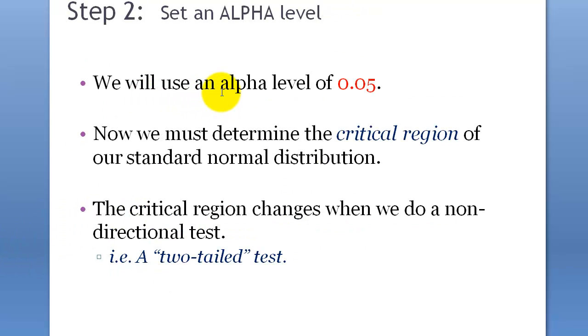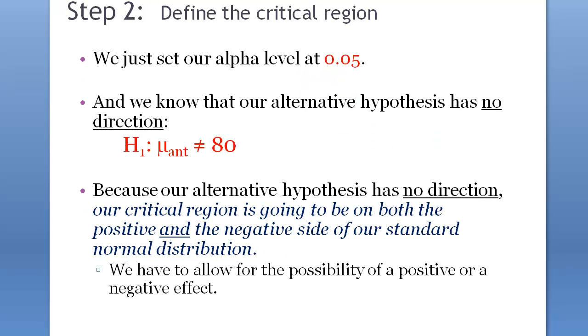We're still going to use an alpha level of 0.05. An alpha level of 0.05 in this case means the combined area of alpha in the critical region is going to be 0.05. So forget about the directional, it doesn't really have anything to do with it. We're just going to use 0.05 for the alpha level. That's the main purpose.